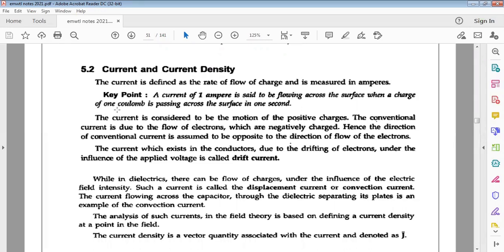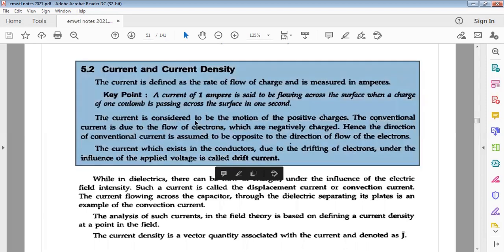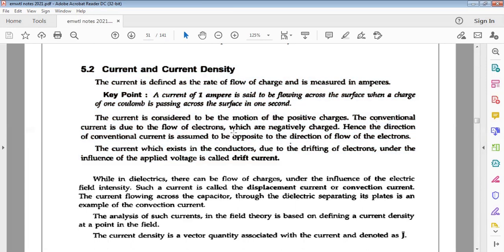The current I is equal to the rate of flow of charge. The current is considered to be the motion of positive charges. The conventional current, however, is due to the flow of electrons, which are negatively charged.